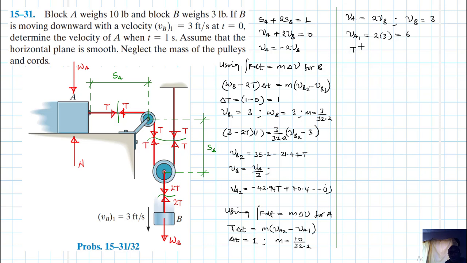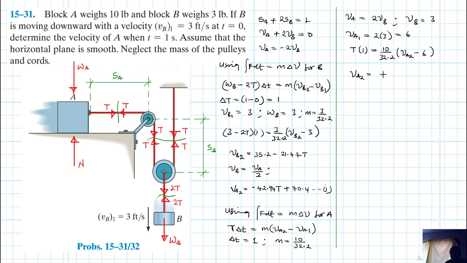Therefore, we'll have T times 1 equal to 10 divided by 32.2 times VA2 minus VA1, which is just 6. Therefore, our VA2 will just be equal to 32.2 divided by 10 times T, plus 6.